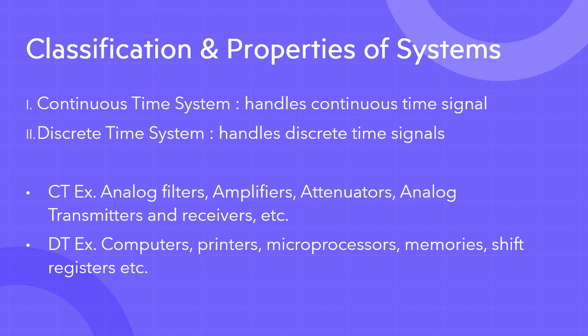And what will come in discrete time systems? All of your computers, your mobiles, microphones, printers, shift registers, and any kind of memories. By memories I mean RAM, ROM, EEPROM, all kinds of SSDs. All of them fall into the category of discrete time systems.